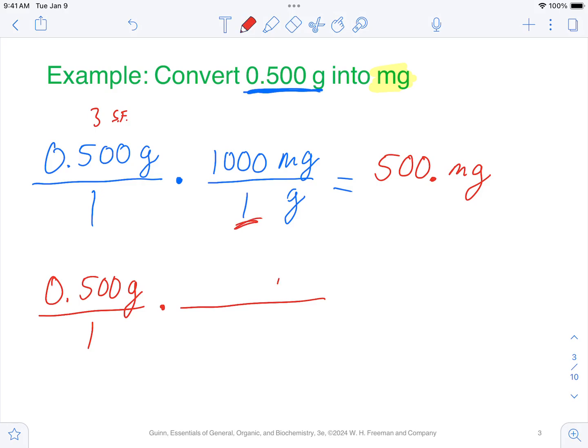But you can give the milligram a 1, and then you would say, okay, how many grams are in a milligram? And it's 0.001. So mathematically, it will come out to be the same thing. You would just end up dividing 0.5 divided by 0.001. You still get 500 milligrams.